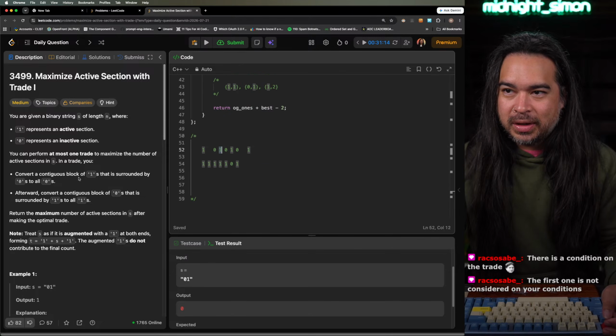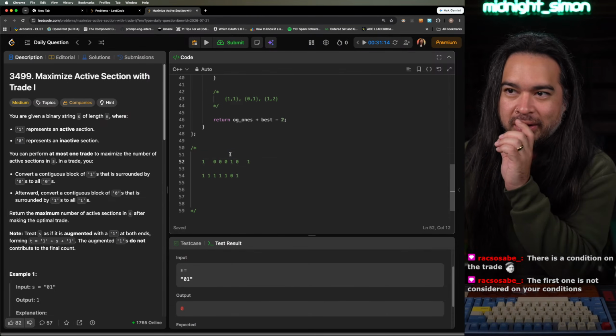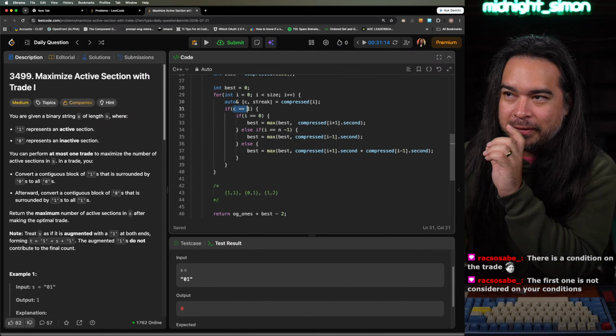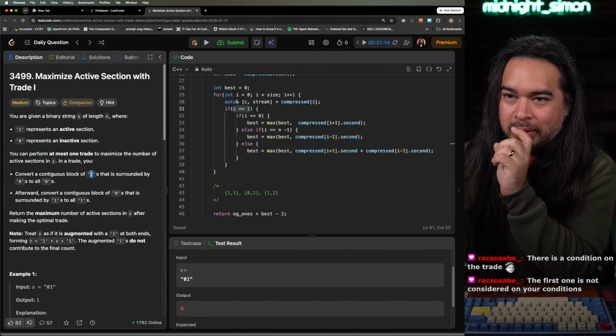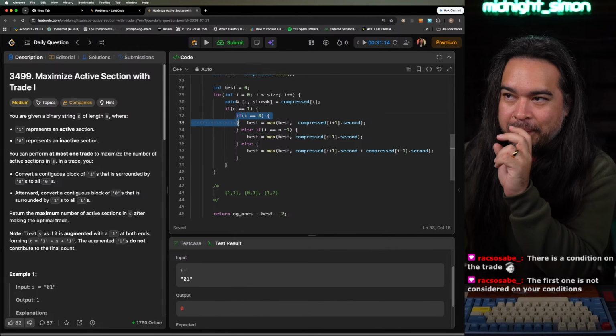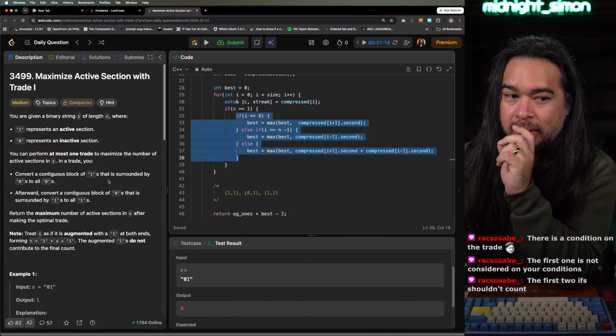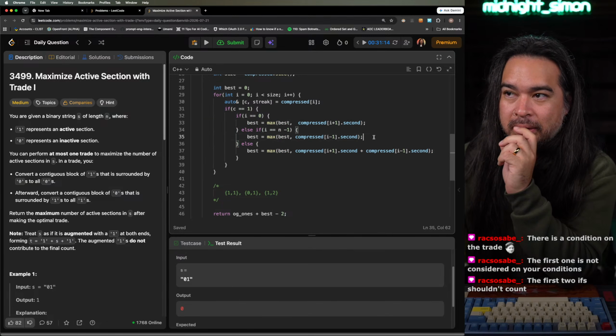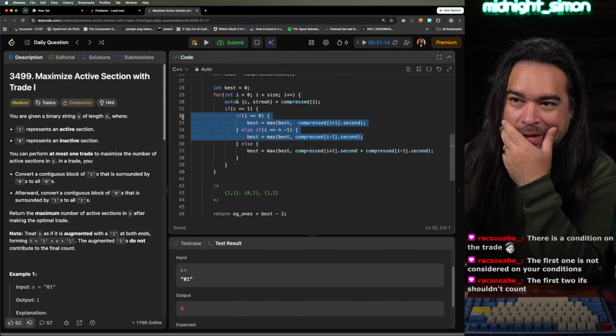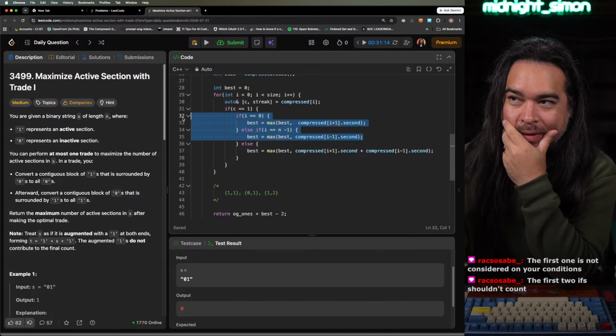I'm trying to convert 1s to 0s there. I'm trying to do it in one move, I think. So I'm saying if the character is a 1, then I'm looking for the 0s at the ends. First two. Oh, wait. I see what you're saying, but yes, I see exactly what you're saying.